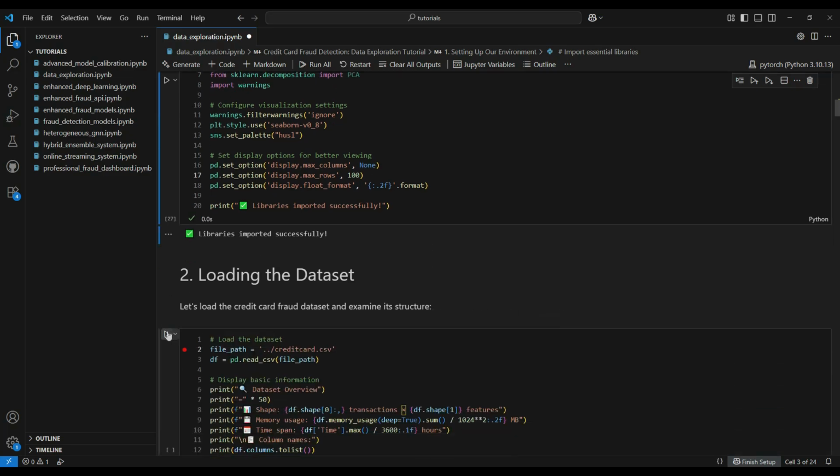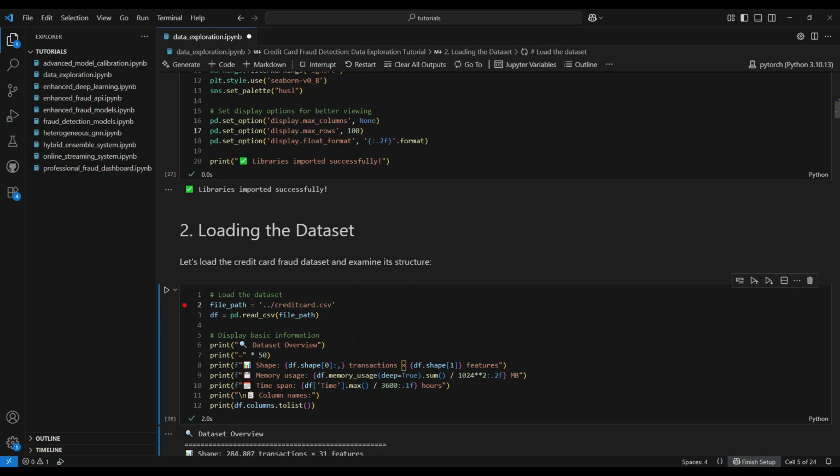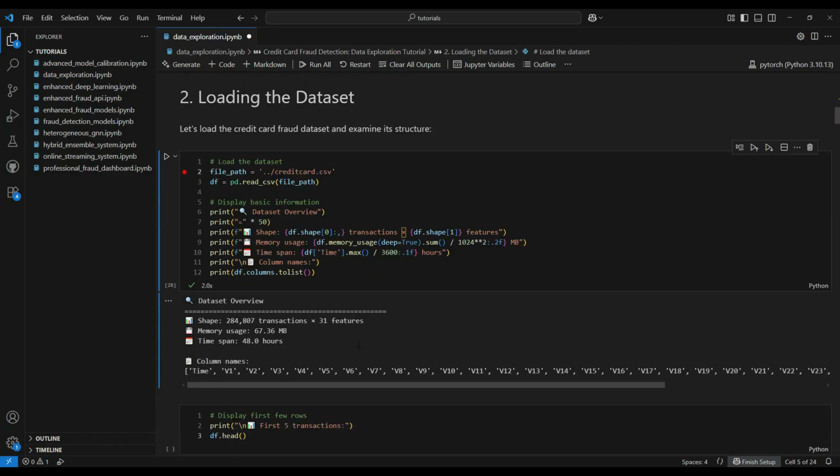Now let's load the dataset. So I'm loading the credit card CSV file and checking some basic information. Look at the output.